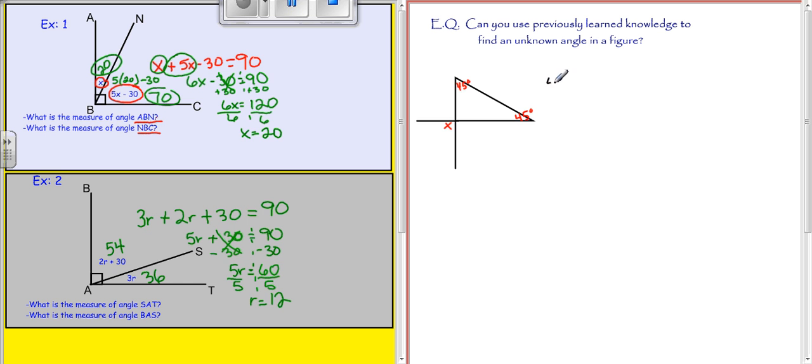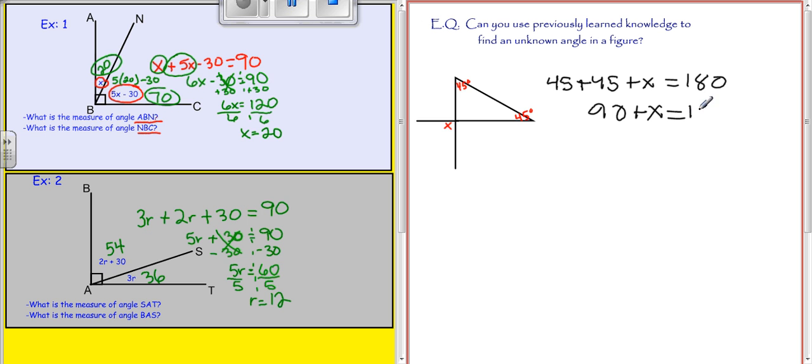So we got 45 plus 45 plus x equals 180. 45 and 45 is 90 plus x equals 180.